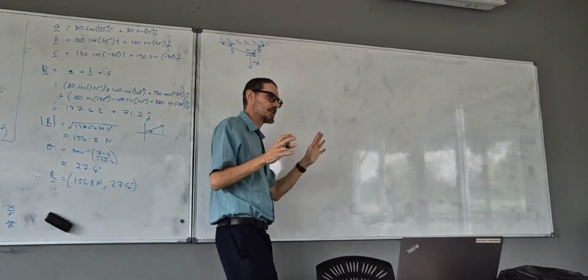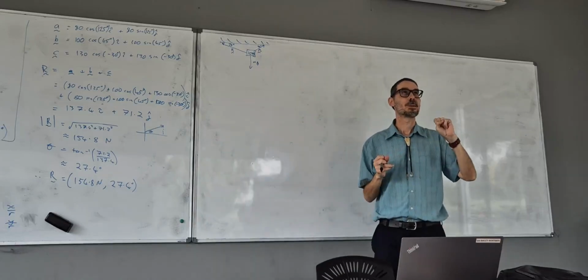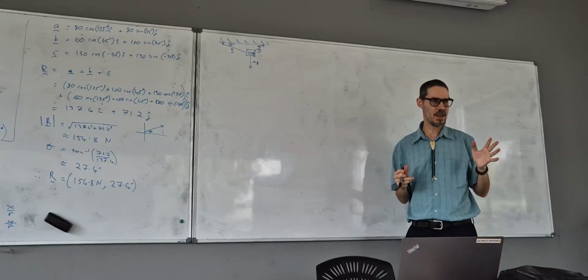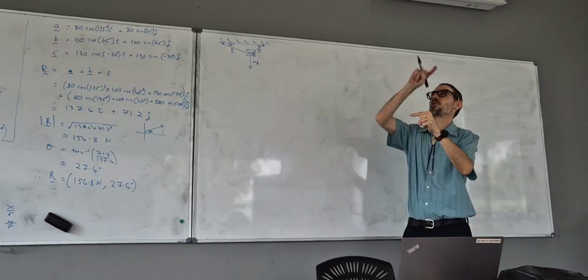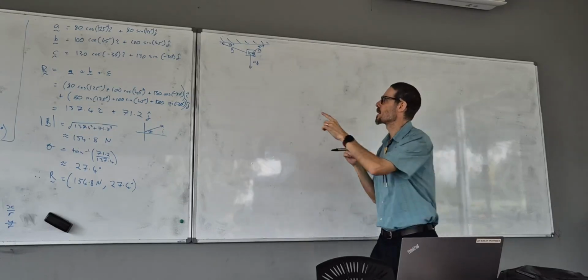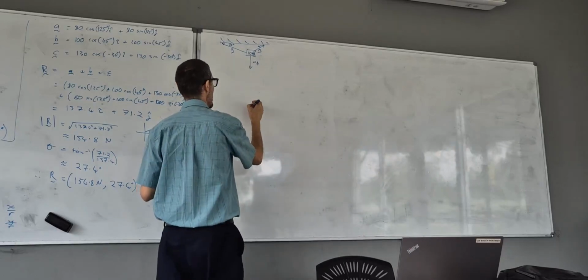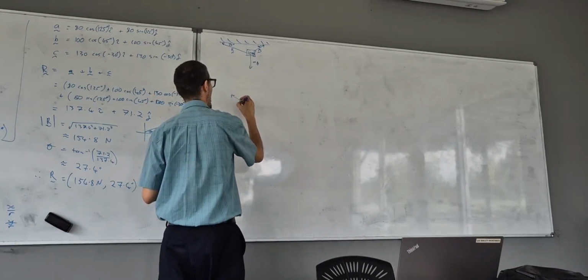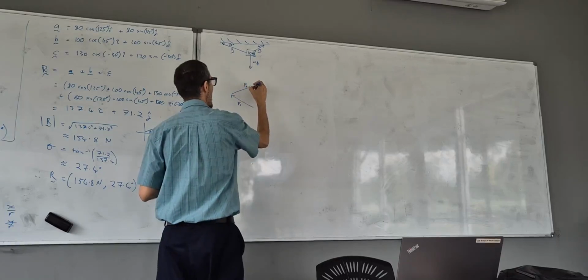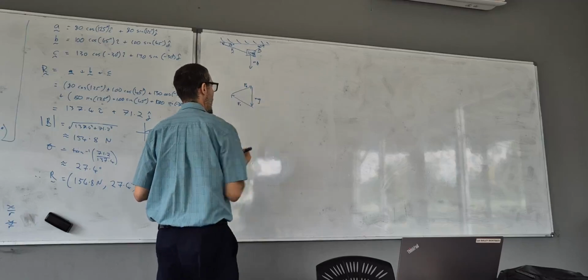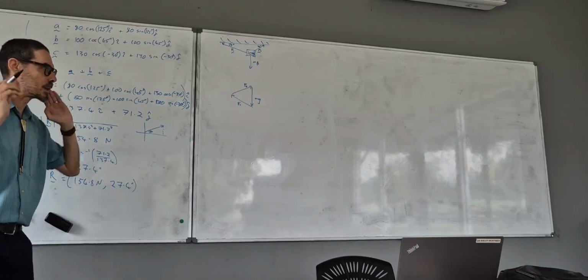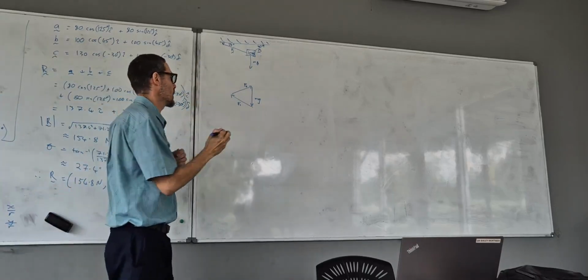If I have vectors that add up to 0, that means where I start, and I do all my vectors in order, I end up back where I started. So I can take these forces and go, force 1, force 2, weight force, and I have to get back to where I started, only because it's in equilibrium.